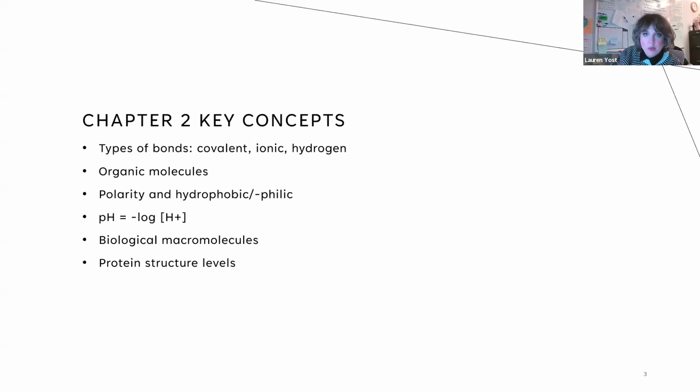So we're talking about pH with respect to our biological macromolecules. Our macromolecules are basically carbohydrates. These are going to be our saccharides. A lot of these end in ose. It's not just going to be glucose, but think about ribose and deoxyribose. Those are really important ones too. If they end in ose, it's typically a sugar.